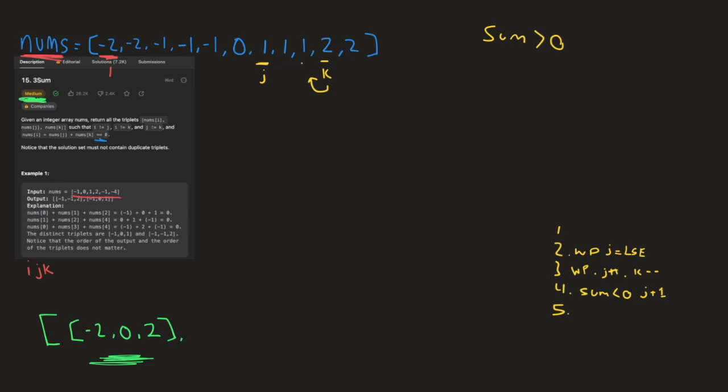So we decrement k, and we get a value that equals 0. So if sum is greater than 0, we want to do k minus 1, or k minus minus. These are the same thing.